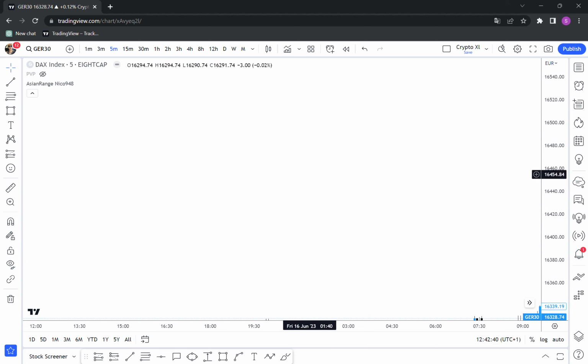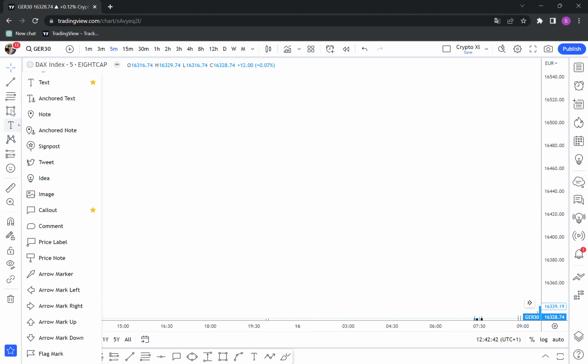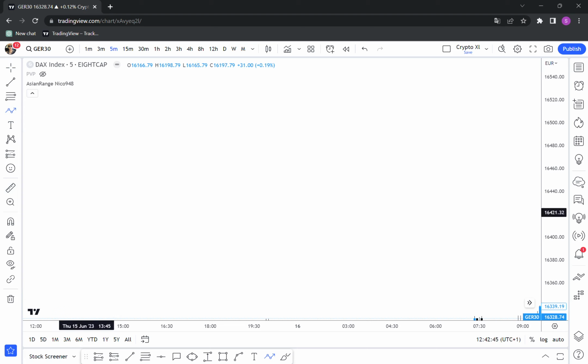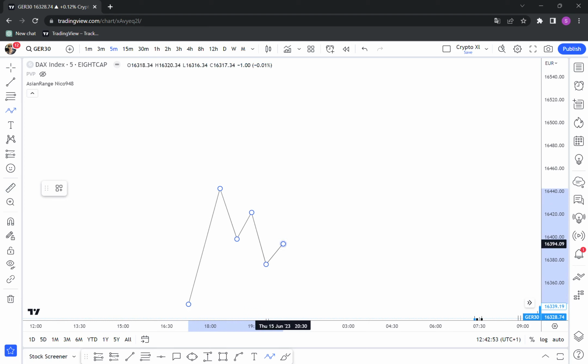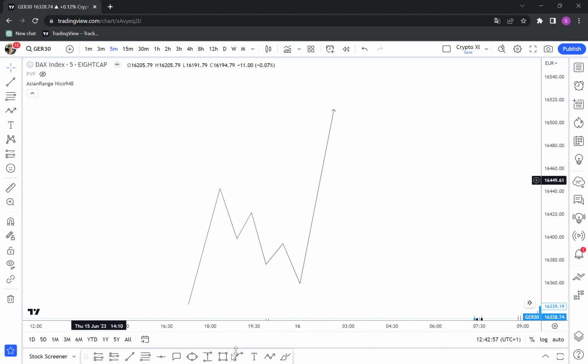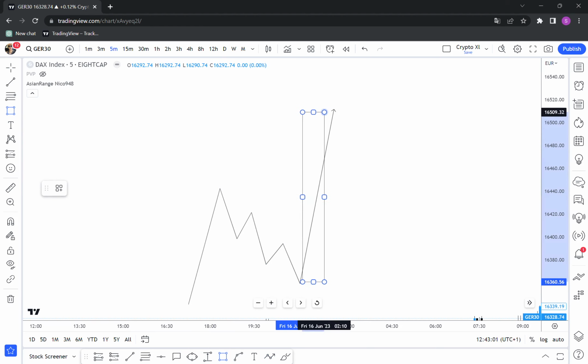Let's draw it better here. You will find that maybe the price is going up. This is an impulse, this is a retracement, okay, and this is another impulse, and this impulse is formed by a candle like this, with a huge imbalance.